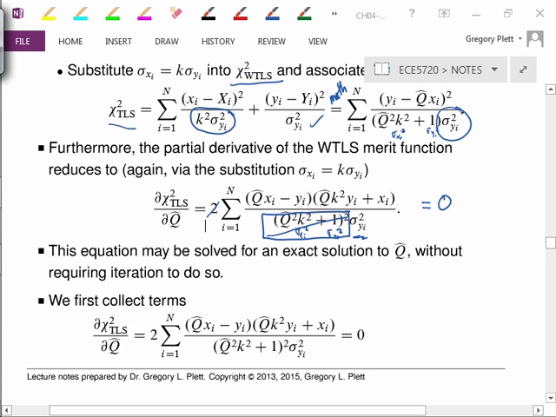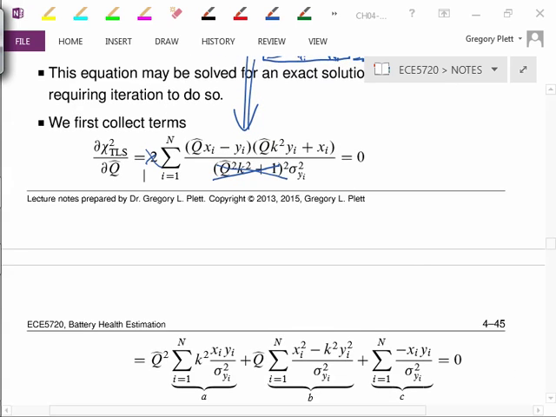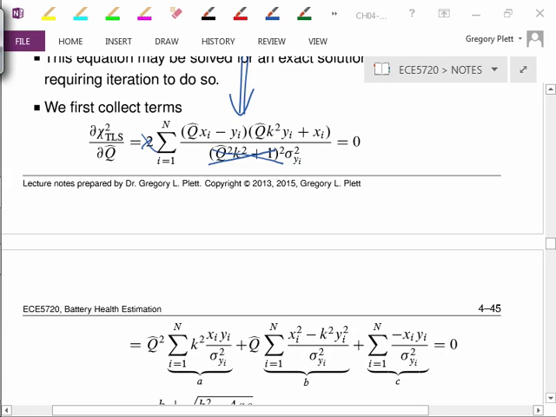So we're going to do that. This is just copied down there. We set it equal to 0. We multiply both sides by this term, and they go away. So I've got the sum of the numerator all divided by sigma y_i squared is equal to 0. And what we're going to notice is that I've got a quadratic equation.